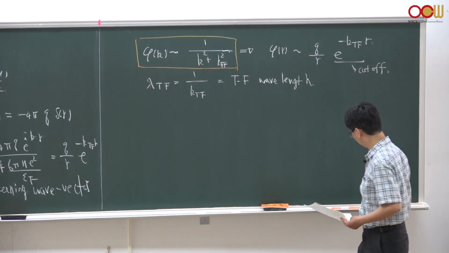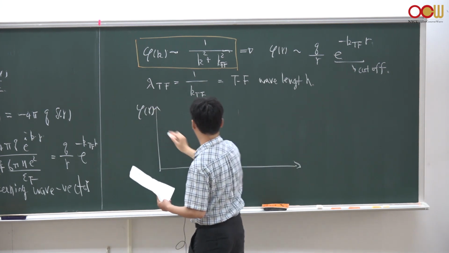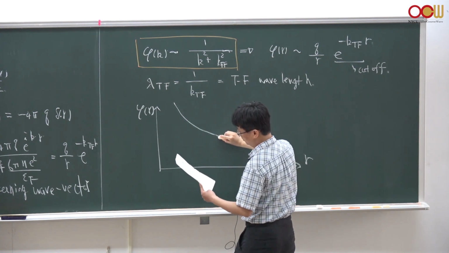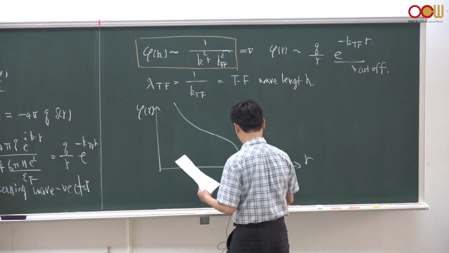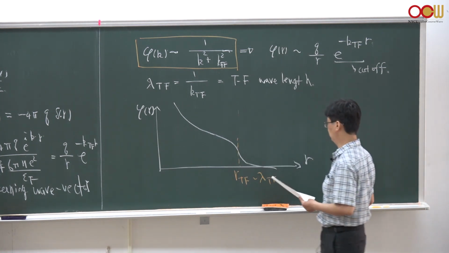So if you plot this electrostatic potential psi of r as a function of r, you will see that this is a 1 over r potential, but then it's simply cut off by an exponential factor right at r Thomas Fermi wavelength.